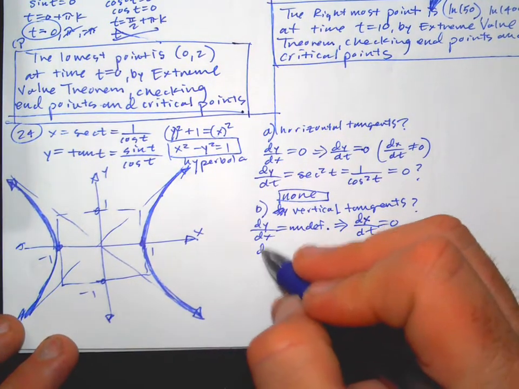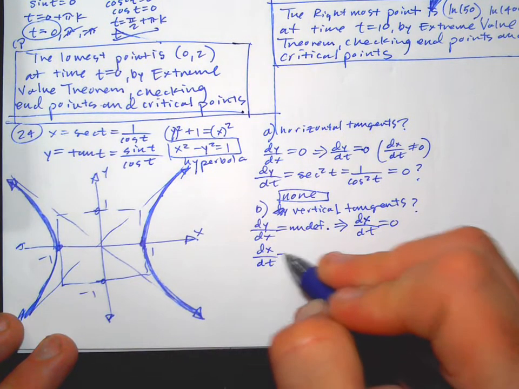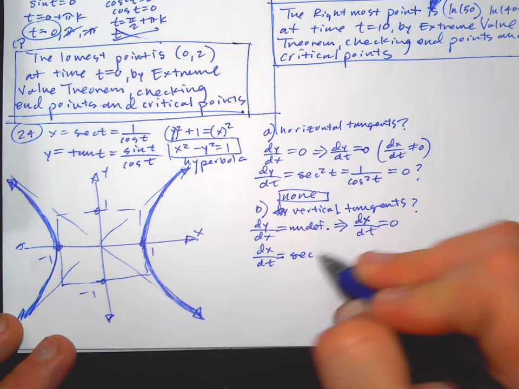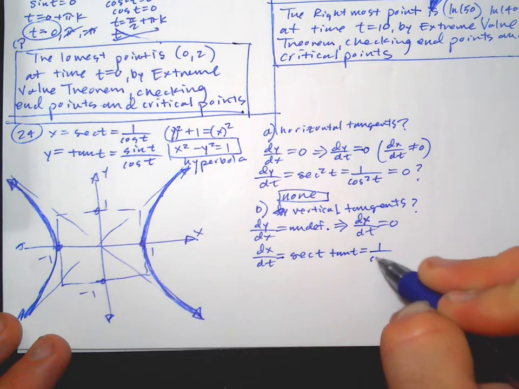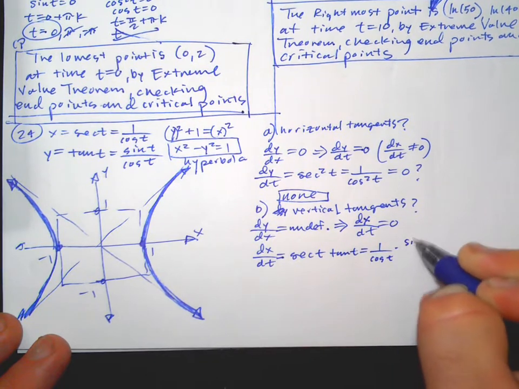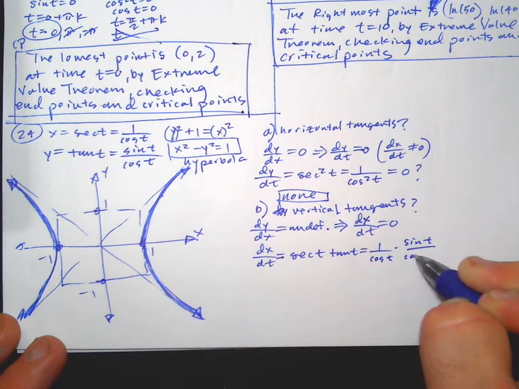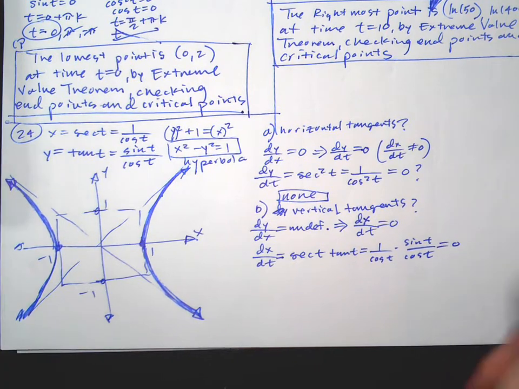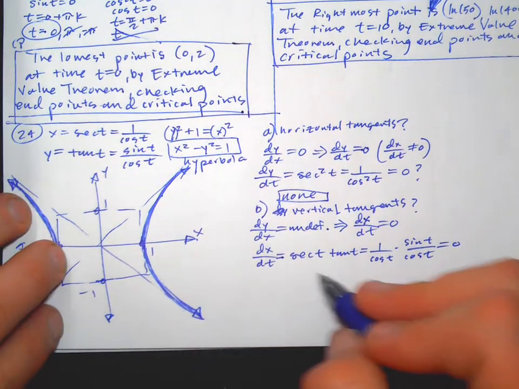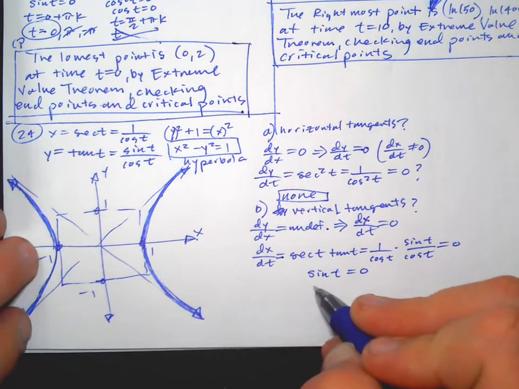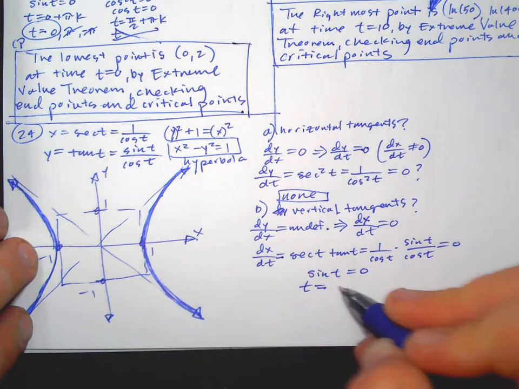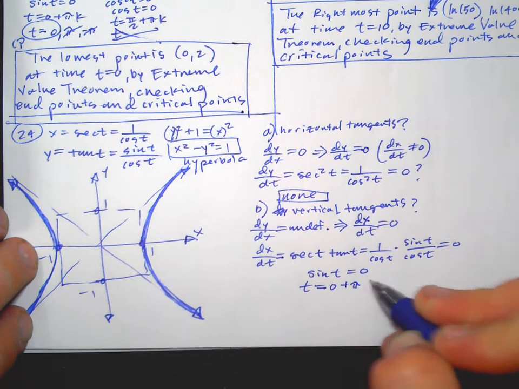So we find dx/dt, which is going to be secant tan, or 1 over cosine times sine over cosine, equals 0. So that's going to be when sine equals 0, and so that's going to be time equals 0 plus pi k.